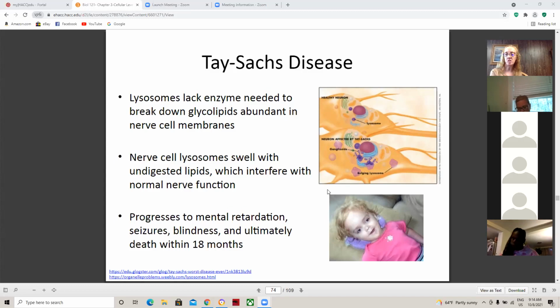So if there's a swelling of a structure, it can possibly impinge on the function of other structures, resulting in a loss of function to other structures, which is what occurs here. In Tay-Sachs disease, this accumulation of glycolipids will eventually result in mental retardation, seizures, blindness, and ultimately death within 18 months.